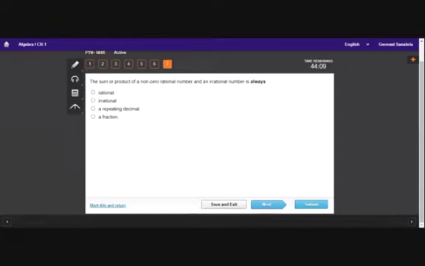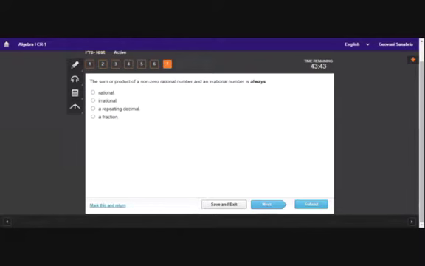All right. The sum or product of a non-zero rational number and an irrational number is always... The sum means when you add them together, and the product means when you multiply them together.